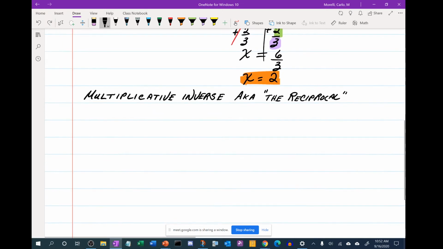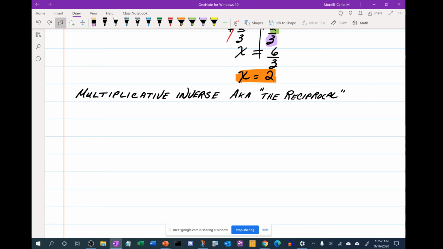But in this case, I want to do a table. So I want you to make a table where you've got 3 columns. First column says original. Second column says reciprocal.